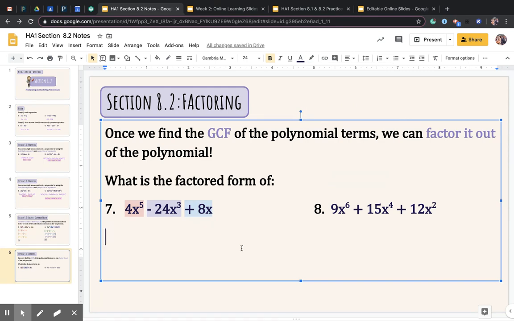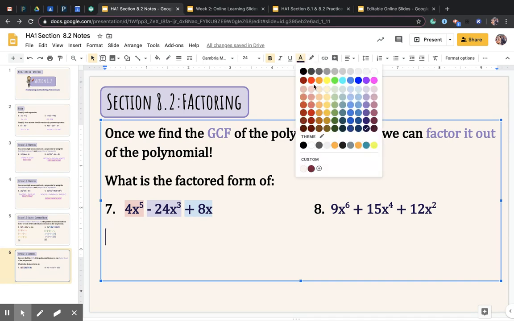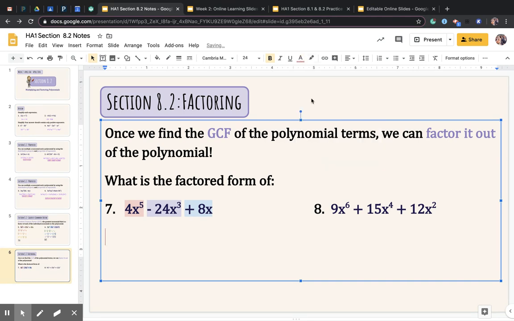There they are highlighted. So if I break up 4x to the 5th, we are going to get 2 times 2 times x times x times x times x times x.